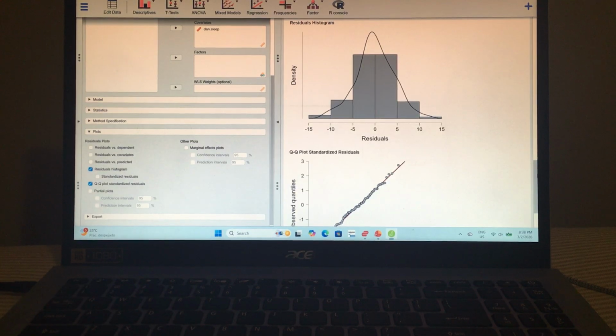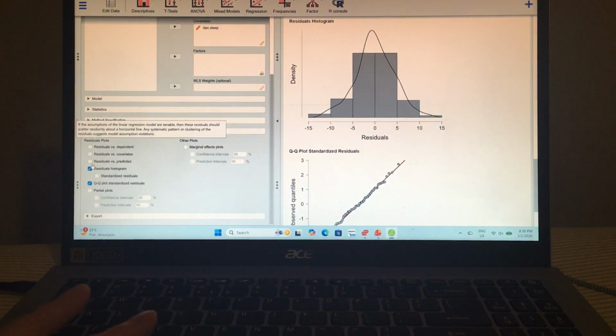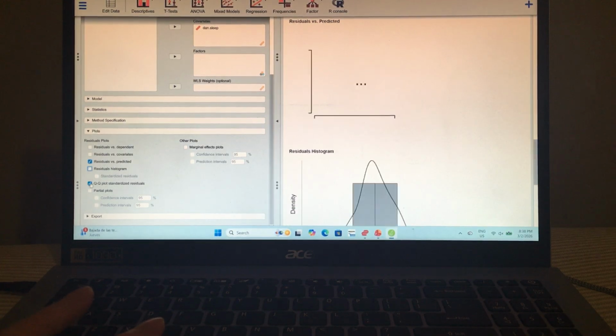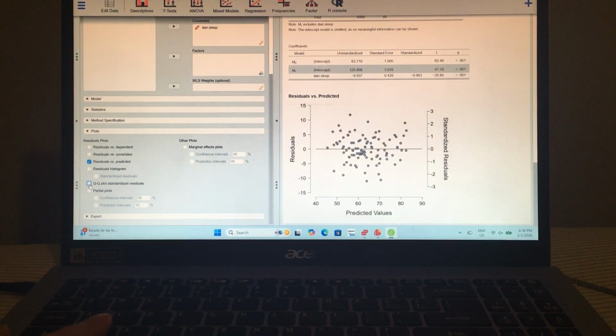Again, figure 11.9 on page 12 is your plot of residuals versus predicted values. And that's what it looks like.